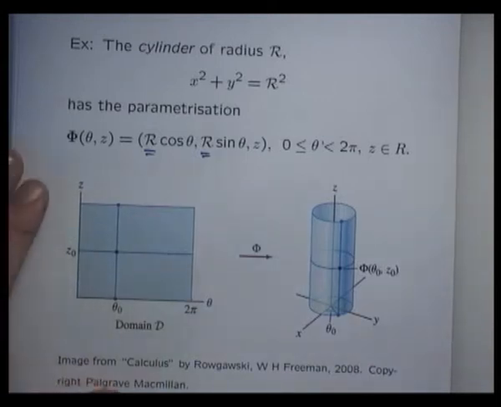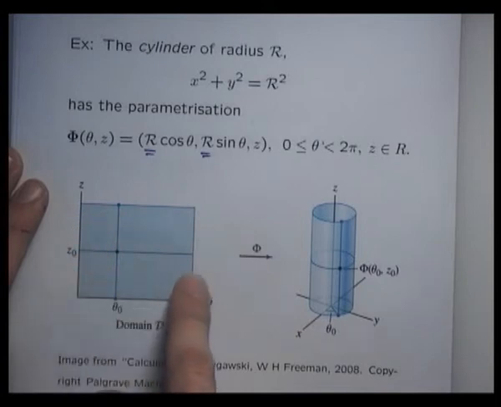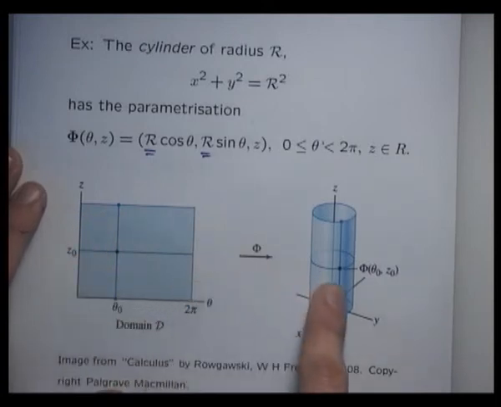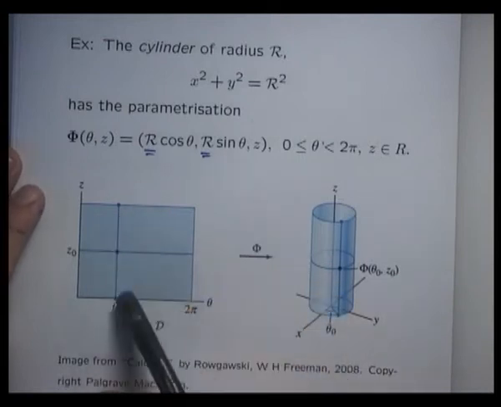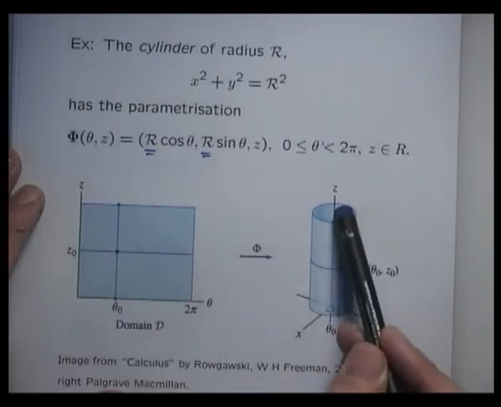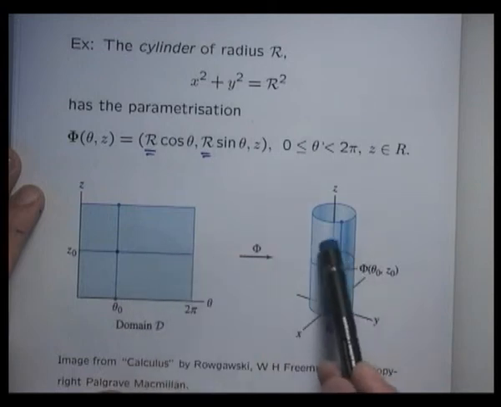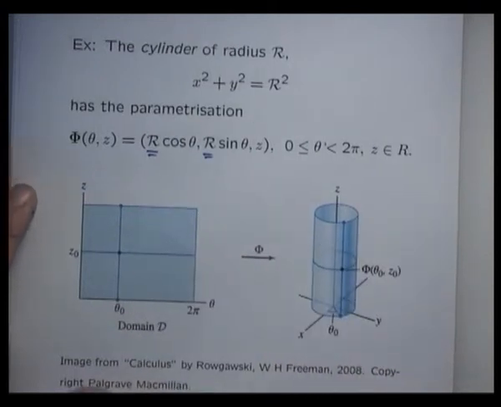Well, this domain here, or this little rectangle, is getting wrapped around the cylinder. You can see this vertical line under the map becomes this vertical line. This horizontal line under the map becomes a circle that bounds the cylinder.